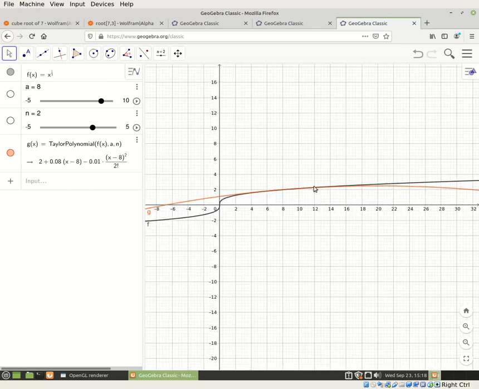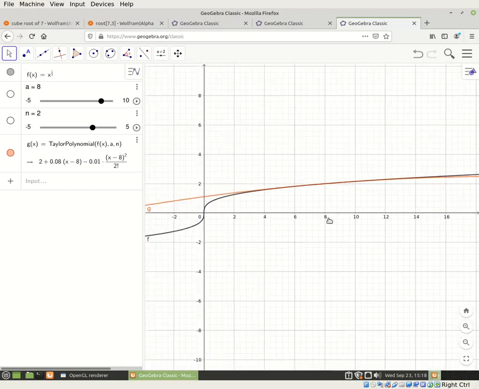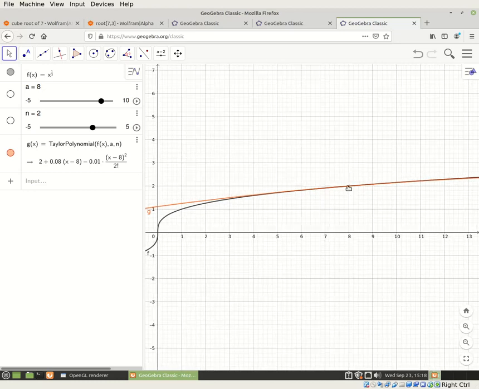Specifically, since it is the Taylor polynomial about 8, it matches both the function value of f and its derivative at 8. And if we compare the graphs of the function f and the second Taylor polynomial, this orange curve, we see that at 7 it is a fairly close approximation to the actual value of the cube root of 7.